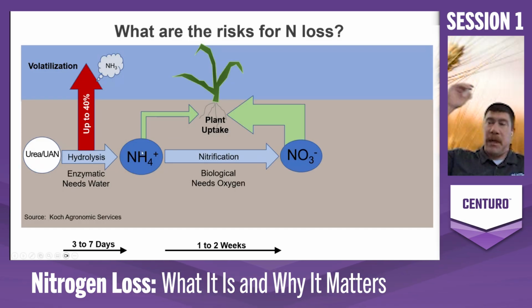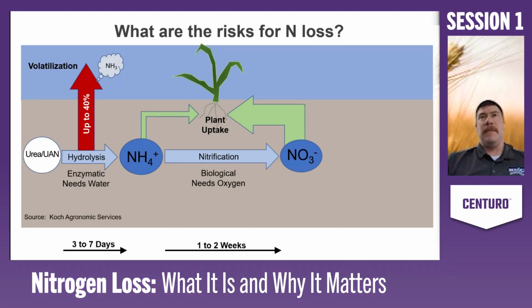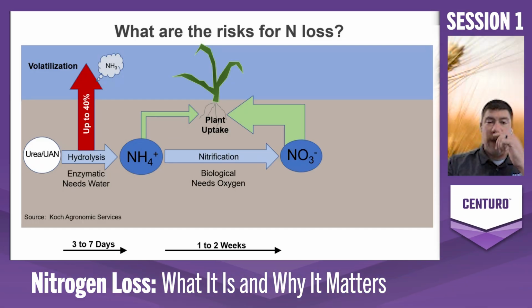Ammonium has a positive charge, NH4 plus, and that gives it some nice stability because the soil has a slight negative charge, the cation exchange capacity. The ammonium in this case is one of those cations, so you've got some natural adhesion to the soil profile with that specific form of nitrogen. But like most good things, they don't last, right?